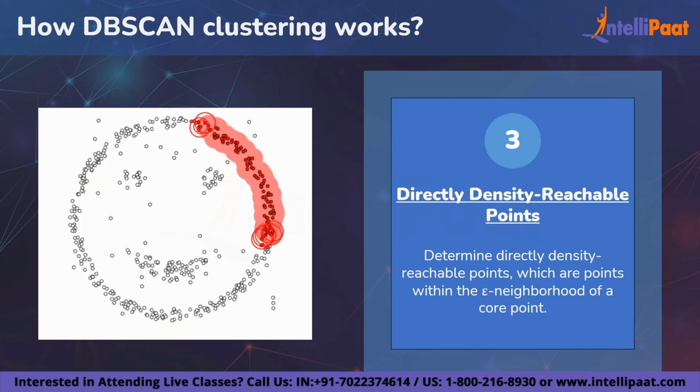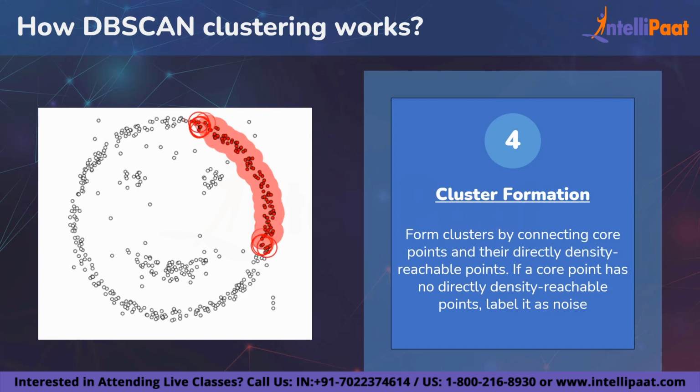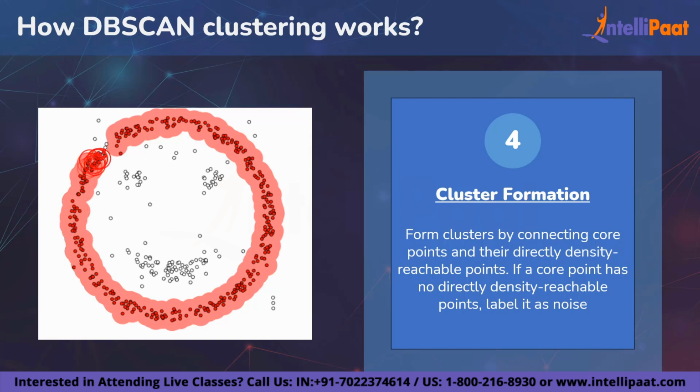Then the third step is to find the border points, or we can say directly density reachable points. They are the ones which have fewer than min points, but they are in the neighborhood of a core point. And coming to the fourth step, it is to form a cluster by connecting core points and their border points. And if a core point has no border points, then label that point as noise or an outlier.